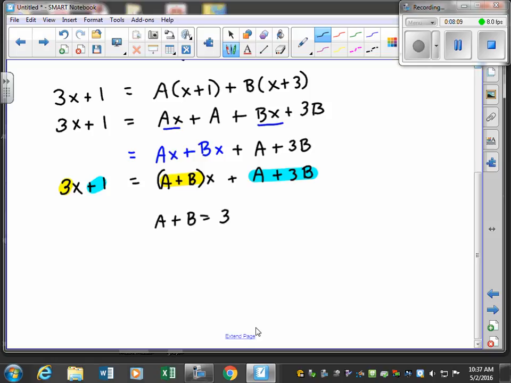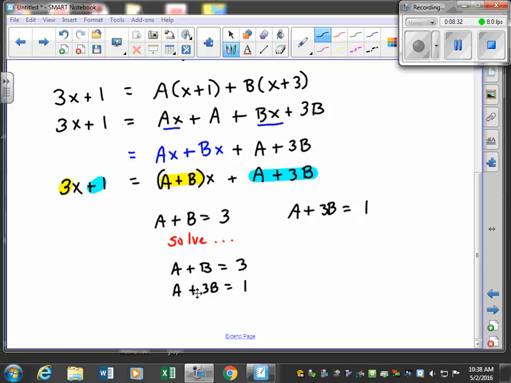And I also have a plus 3b is equal to 1, by that given information. Okay, so that the format matches. All right, what can I do with these two? That's a system of equations, right?